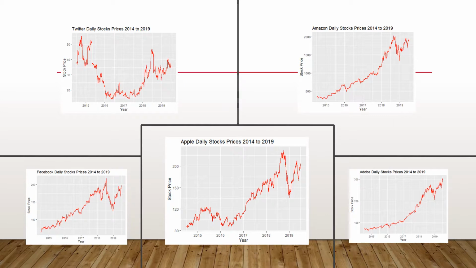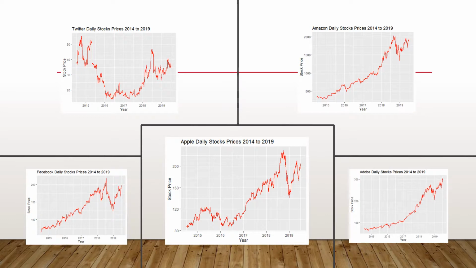Whereas for Amazon, on the upper right corner you can see during the beginning of 2014 it was lesser than 500 points, but as the days passed it started rising and rising, and by mid 2018 it was at the peak, and then it had a decline till beginning of 2019, and then again it's rising.